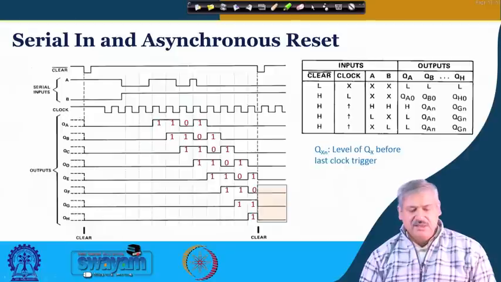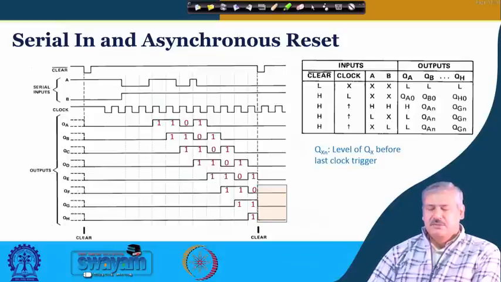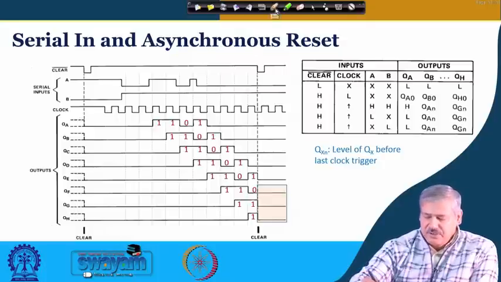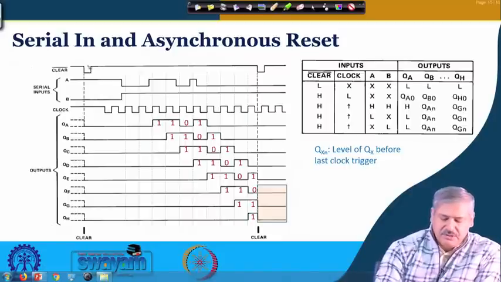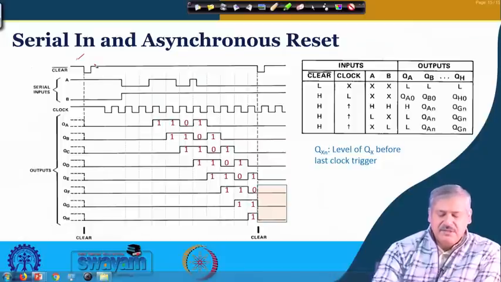Let us see how this serial in and asynchronous reset work in this particular IC. We have given an example here. This is your clear, which is the asynchronous reset.